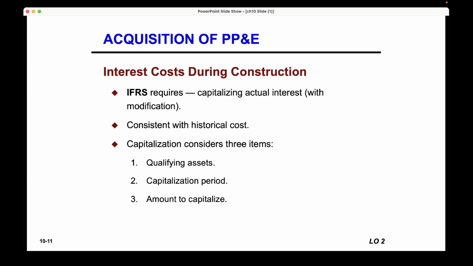Because here, the interest on the amount we borrow from any party is used to finance the construction of assets. So according to the concept of cost, the interest paid by the company for this financing is recorded as part of the asset.